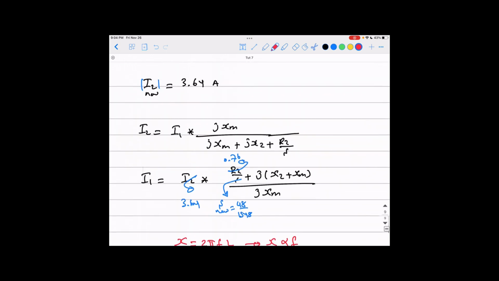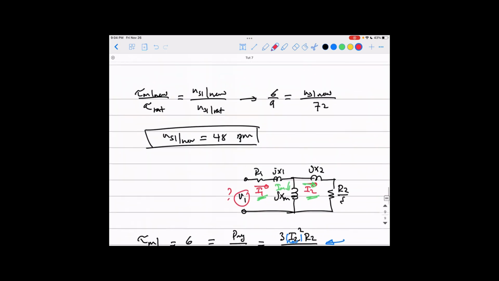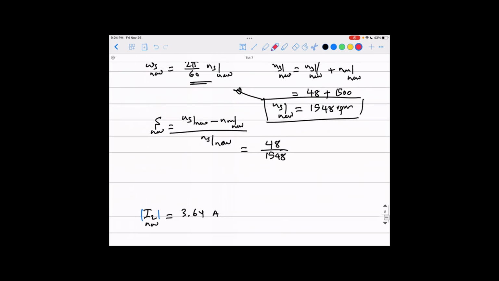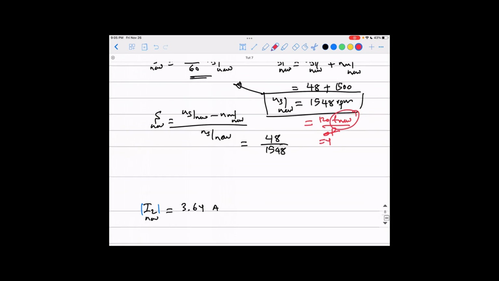Can you find the new frequency? You should, because you already found the new synchronous speed: 1548 equals 120 f new over the number of poles. The number of poles equals 4, so you have everything in hand to find f new easily.